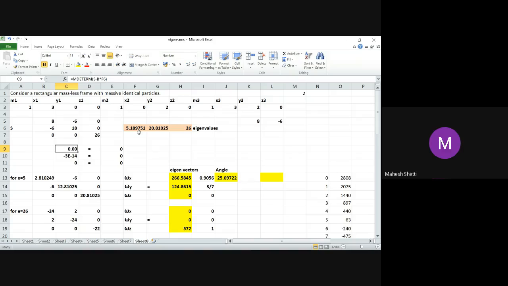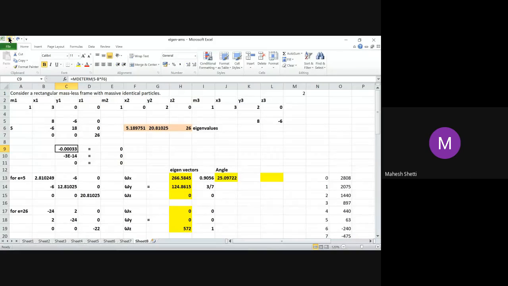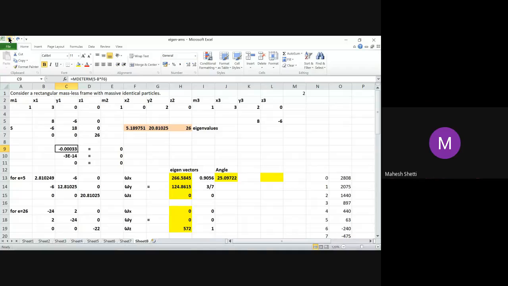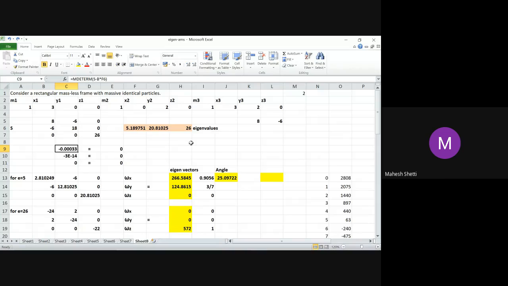Can I add one comment? Yeah, sure. When you actually solve this analytically, this first number is something like root 61 minus 5 or something like that, right? Yeah. So this first eigenvalue and second eigenvalue are actually irrational numbers. But irrational numbers have infinite decimal places, and our computer has a limitation, so it will have finite decimal places.